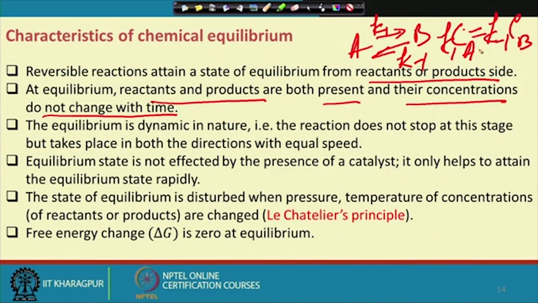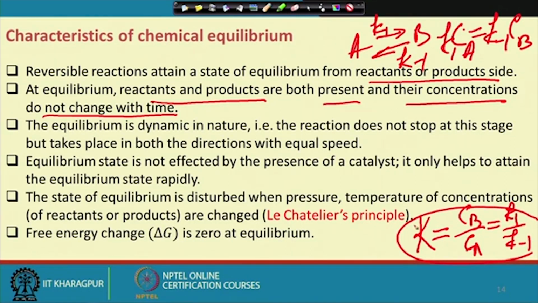At equilibrium, the equilibrium constant capital K is equal to Cb by Ca, or K1 by K minus 1. This is how you can calculate the equilibrium constant.